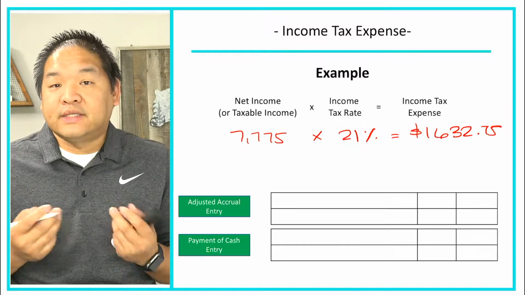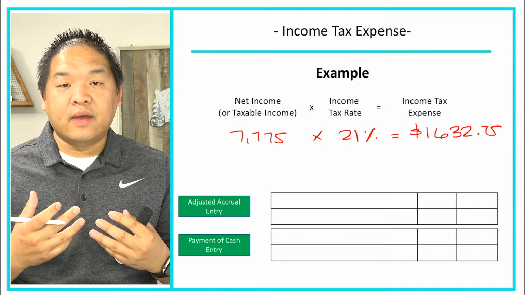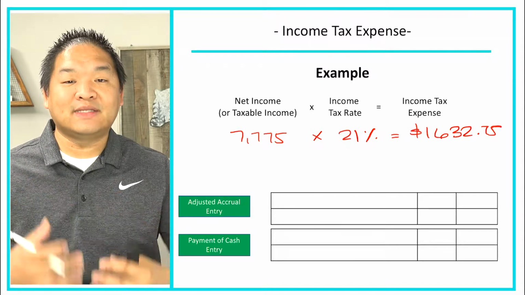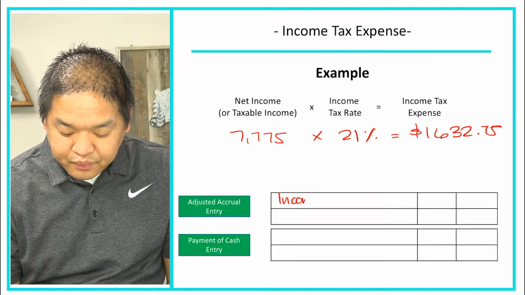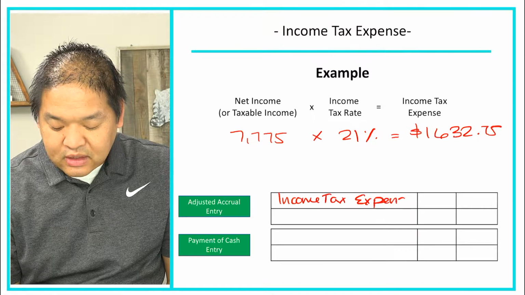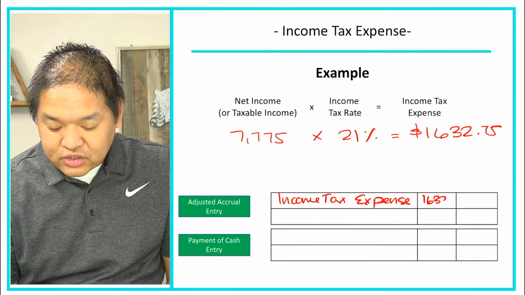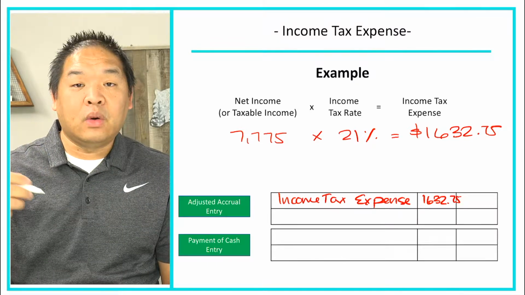So what has happened? We have an increase in expense and an increase in our liability. Increases in expenses are a debit, so we're going to debit income tax expense for $1,632.75, and then we're going to credit the liability. What liability?